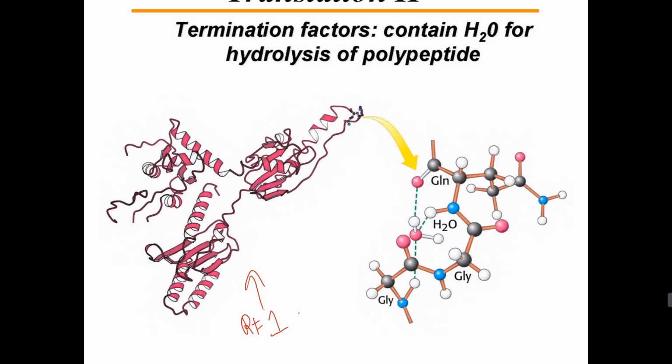RF1 and RF2 are compact proteins, as you can see here, and they resemble a tRNA molecule, but in this region up here, they contain a water molecule, which is responsible for that hydrolytic reaction to cleave the finished polypeptide chain from that terminal adenylate on the corresponding tRNA.